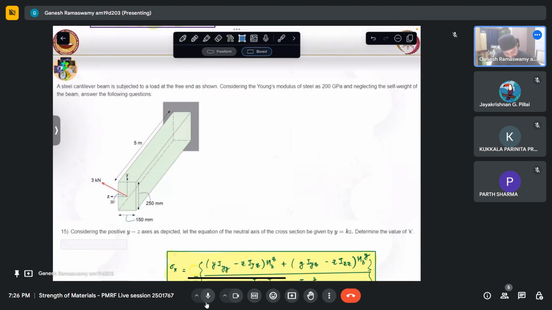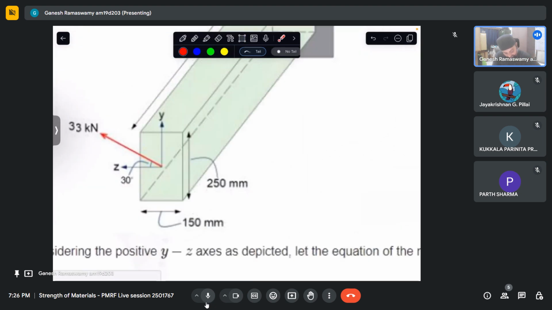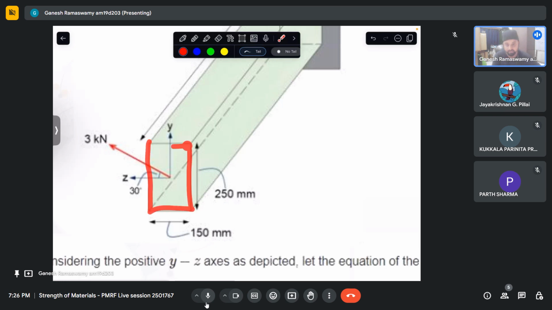Okay, so anyway, a steel cantilever beam is subjected to a load at the free end. Now here we are able to see that this is the rectangular section. Now the load is not acting like that or like that. It is acting at an angle of 30 degrees with the horizontal, with the z axis, so to speak. The load is 3 kilonewton.